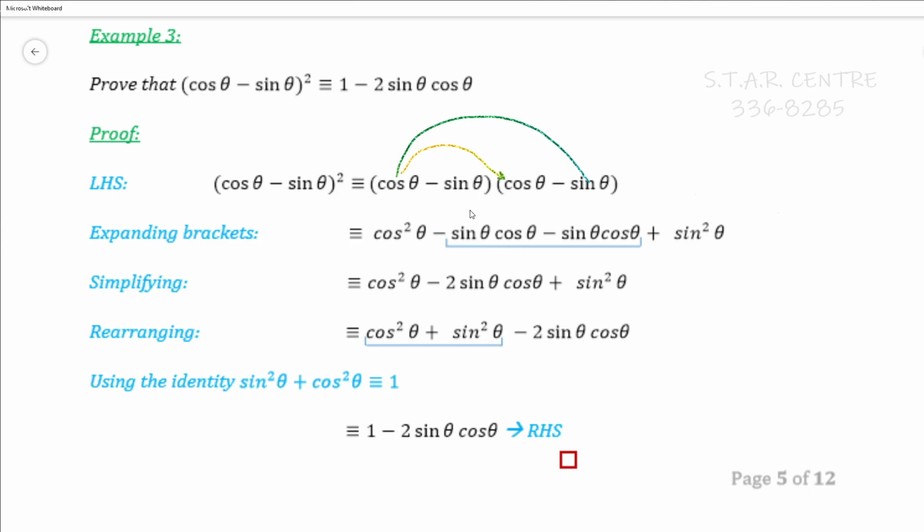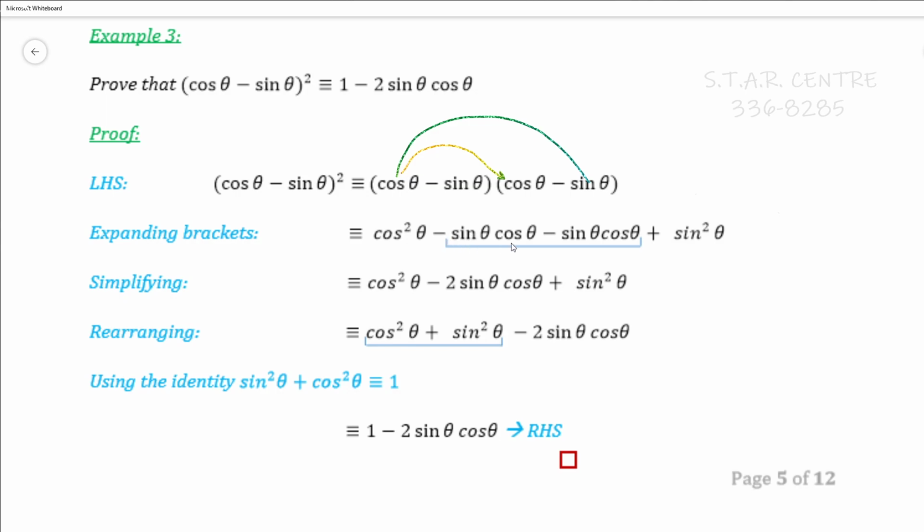Alright, so I'm just writing the sine terms first. So again, cos theta by cos theta is cos squared theta. Cos theta by minus sine theta will just give us minus sine theta cos theta. This is the simplest form at this point, similar to if I have x multiplied by y, that is equal to just xy. So cos theta by minus sine theta is just minus sine theta cos theta.